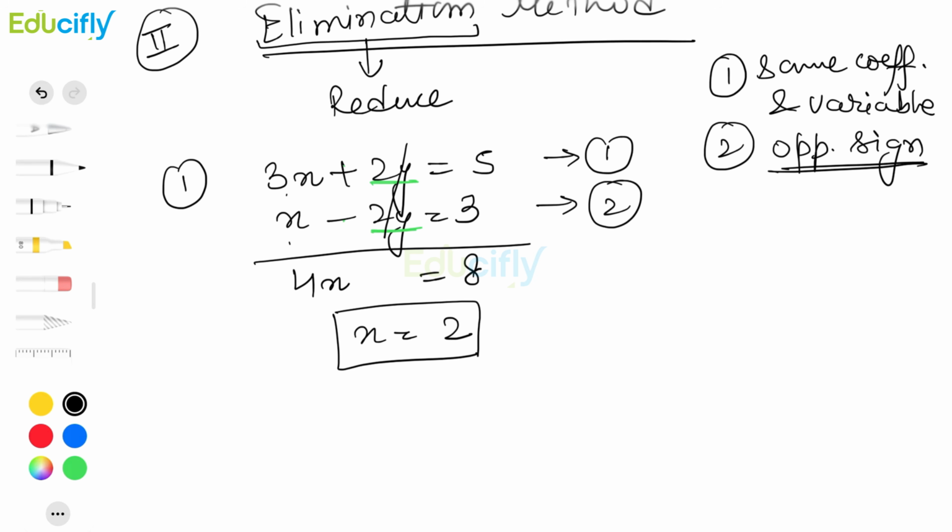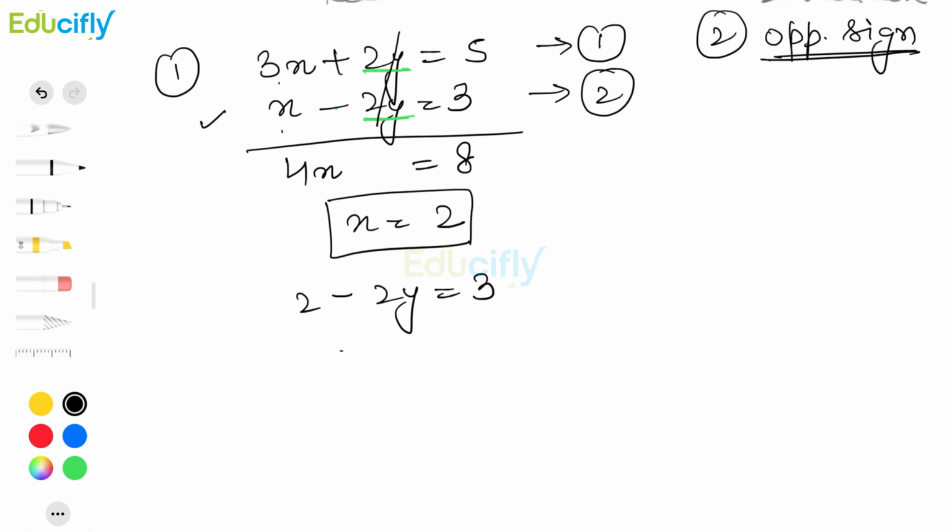Now it is your choice whether you want to use the first equation or the second equation, but I would suggest you go with the simpler one. I find the second equation much simpler for me, so I am plugging x into the second equation. So that means negative 2y equals 3 minus 2. Here I'm going to calculate the value for y.